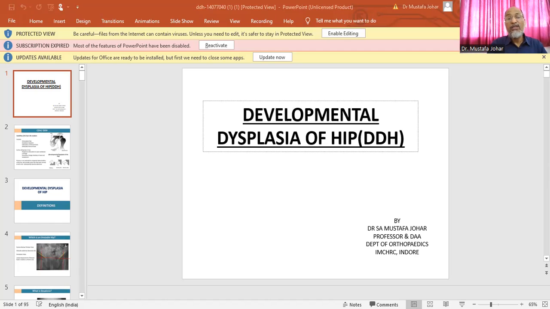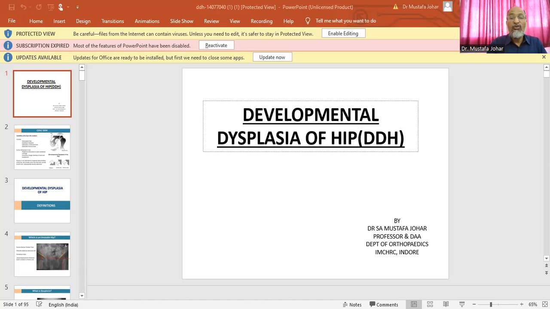But in the other case, where you do a reverse of the Barlow's test, you try to push the head inside the acetabulum, doing an internal rotation and anteromedial pressure from the back. And that is how you are able to relocate or reduce the already dislocated hip into the acetabular cavity.